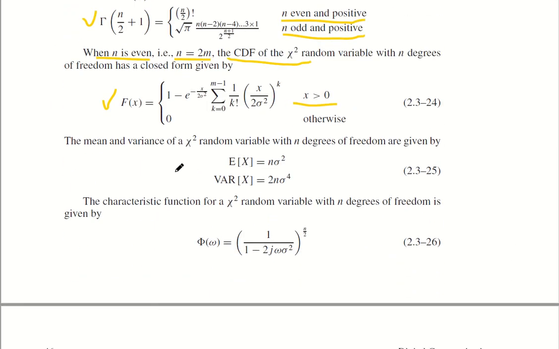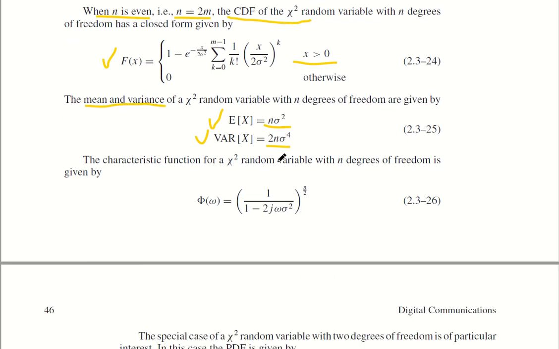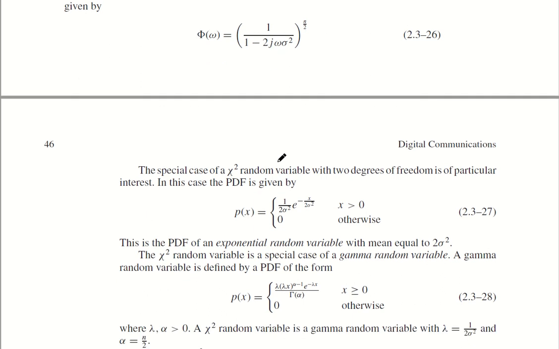Okay, and the mean and variance are always of our interest. So the expectation is n sigma squared. The variance is 2n sigma to the 4. That is of our interest.